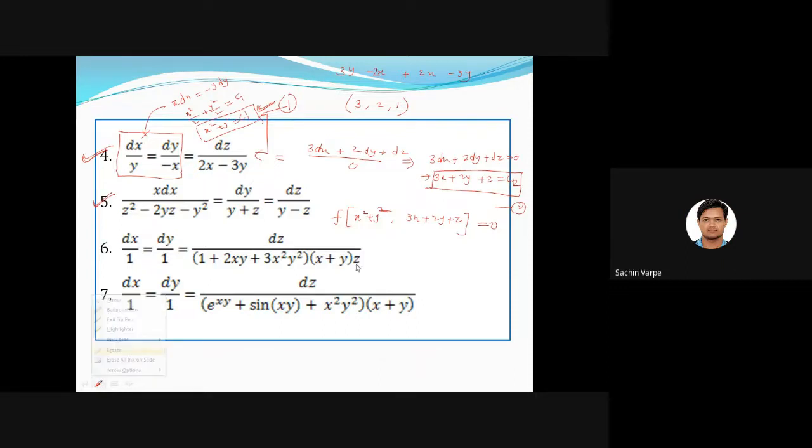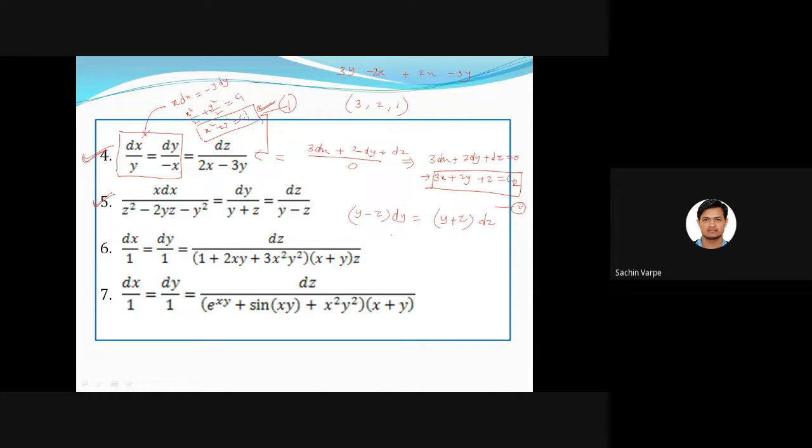Okay, let's try for the second and third. When I equate, can we get its variable separable form? So when I equate y minus z dy is equal to y plus z dz.